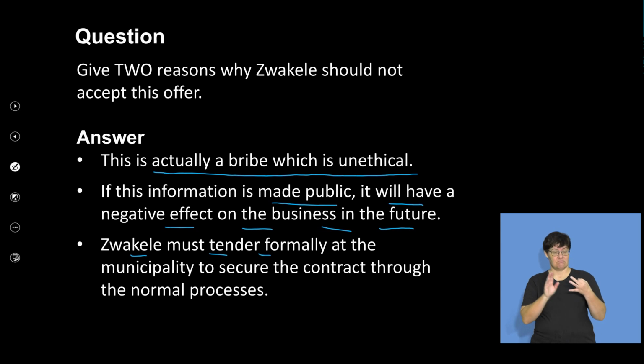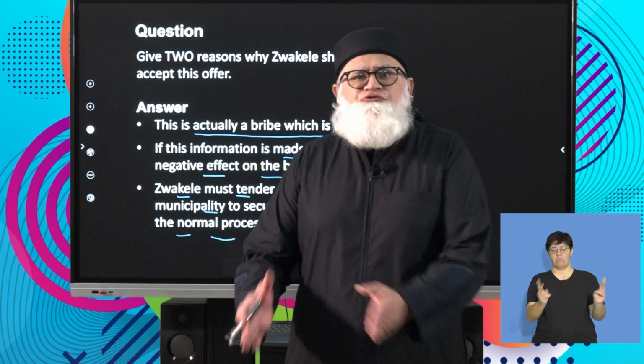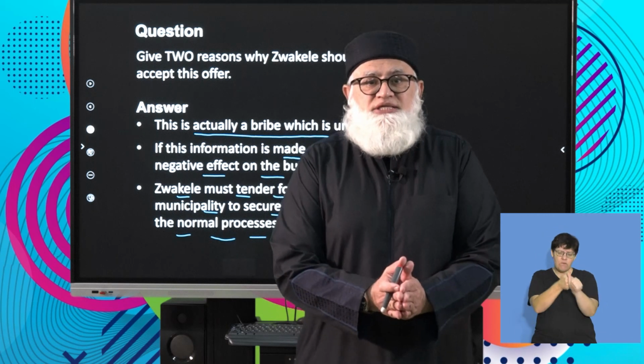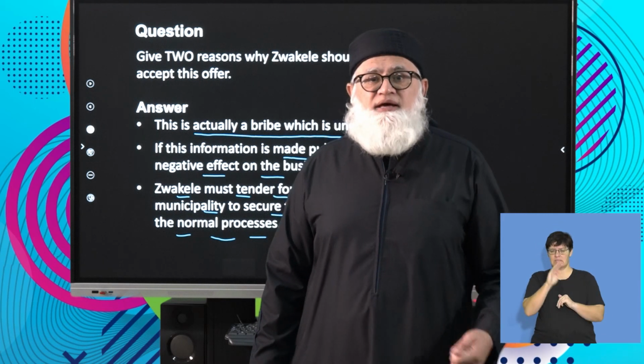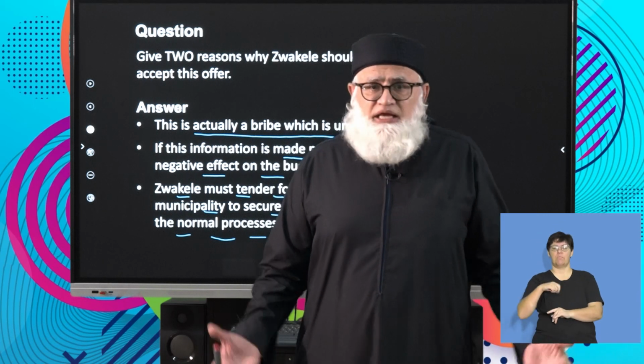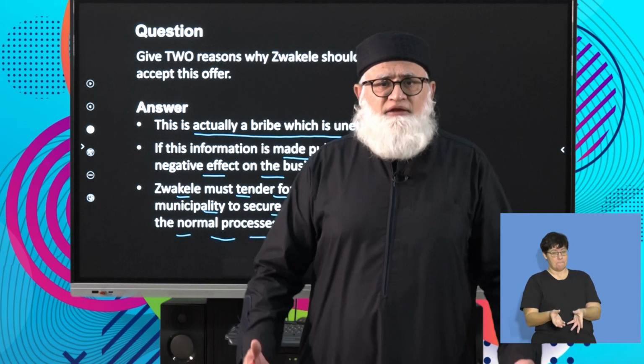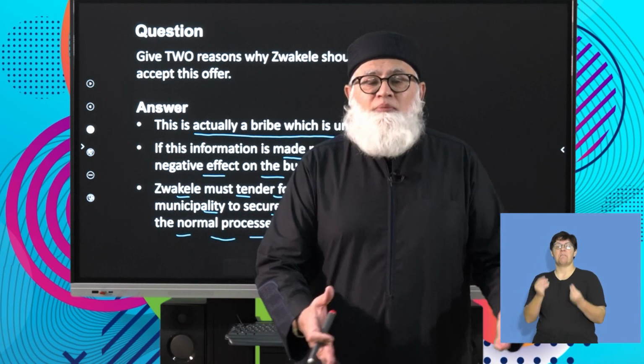Right? Then, Zwakele must tender formally at the municipality to secure the contract through the normal processes. Remember, I alluded to this. Follow the normal channels of handing in a tender at the municipality, and if you get it, good luck, then it was meant for you, but you're following normal processes.